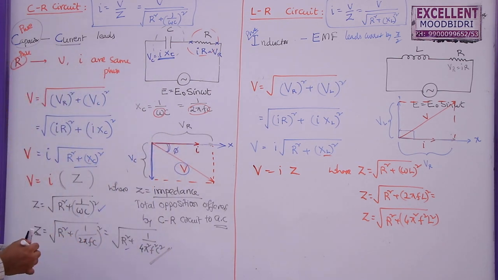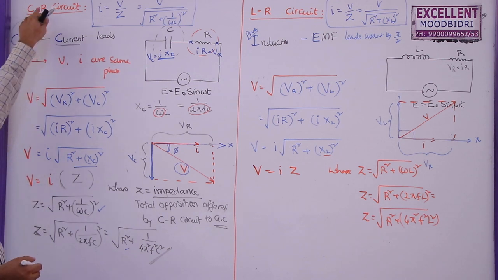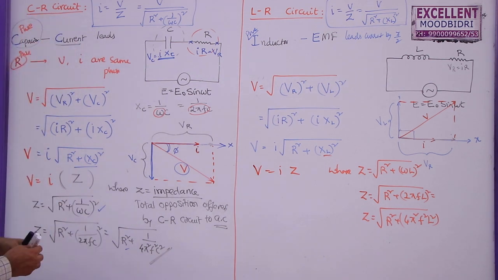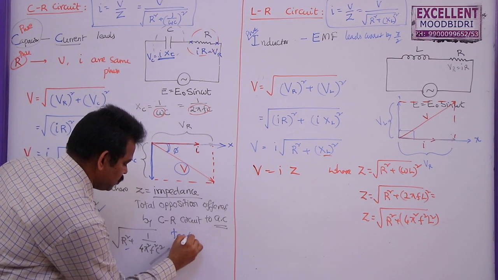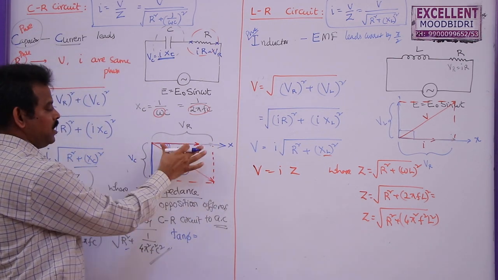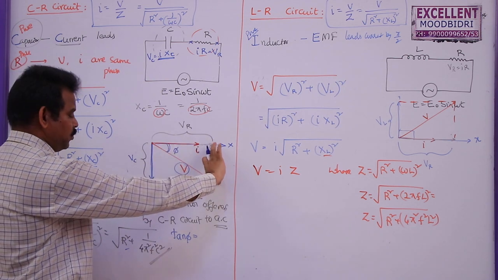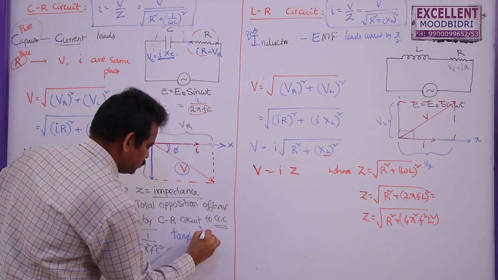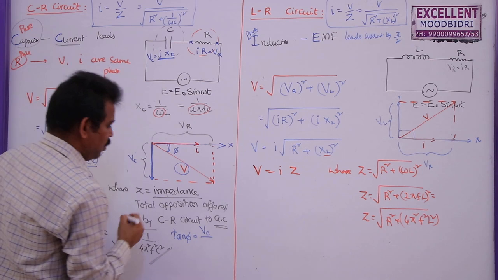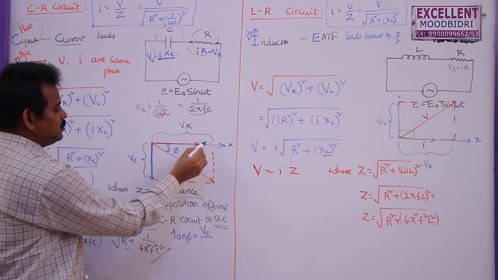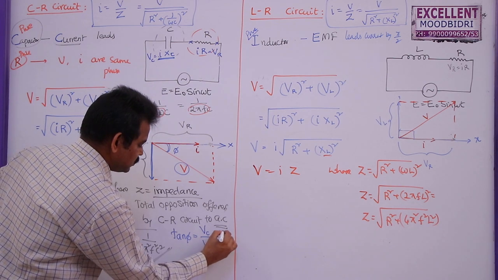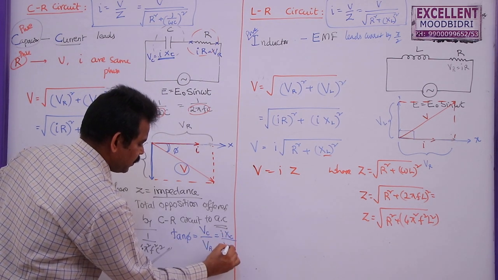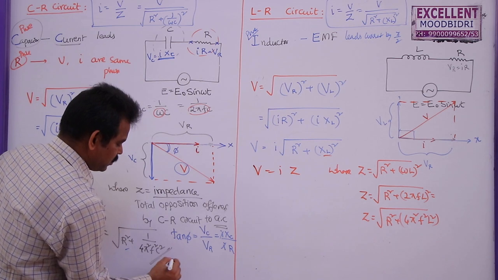So how to find the phase angle in a pure CR circuit? This is the CR circuit here. To find this, we have tan phi is equal to opposite side by adjacent side. The opposite side is VC, that is the voltage across the capacitor, and the adjacent side is VR, which can be written as I into XC by I into R. I gets cancelled.